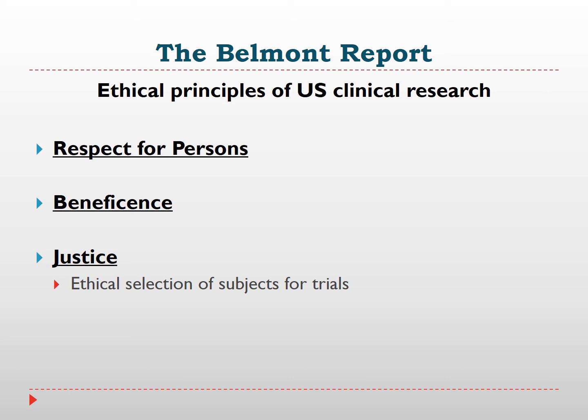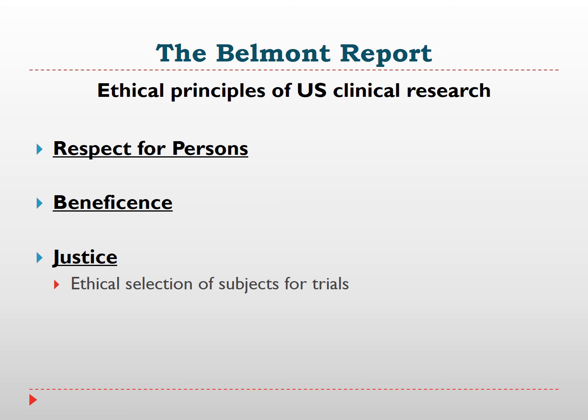But we have taken some thought and consideration in this country to say, is that fair for us to ask one group of people to bear the burden of the risks of clinical trials? So how we pick and select subjects for trials has to be based in ethical frameworks, and in this case that is justice. And again, we'll talk more about this.